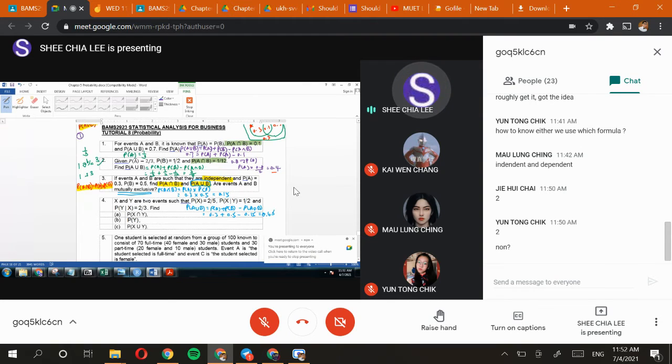You know A intersect B is 0.15. Then you say since probability A intersect B is 0.15, not equal to 0, therefore A and B are not mutually exclusive. Just write like this, then it is enough.